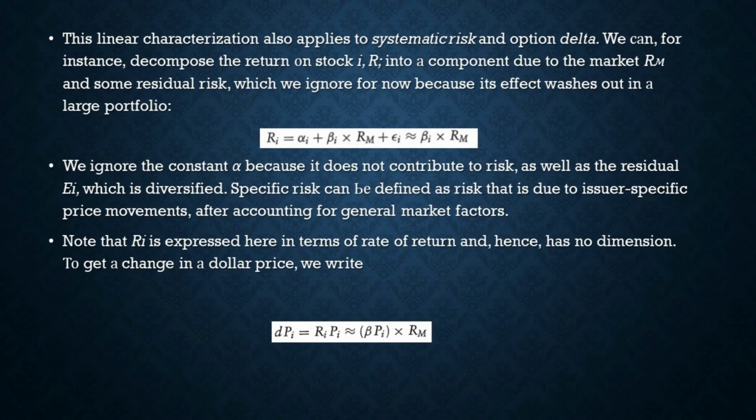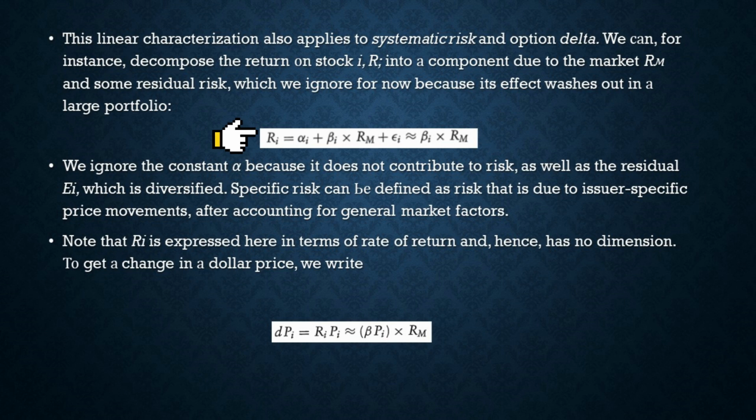Next, this linear characterization also applies to systematic risk and option delta. We can, for instance, decompose the return on stock i, R_i, into a component due to the market, R_M, and some residual risk, which we ignore for now because its effect washes out in a large portfolio.